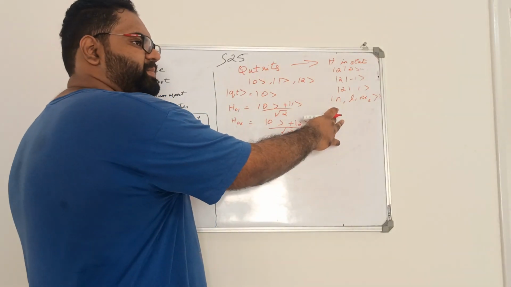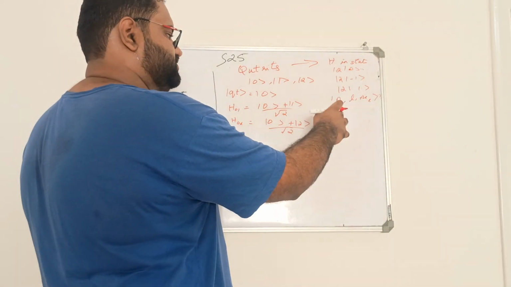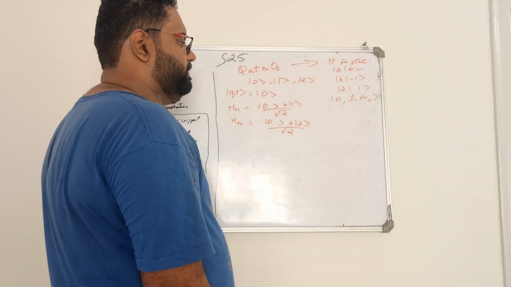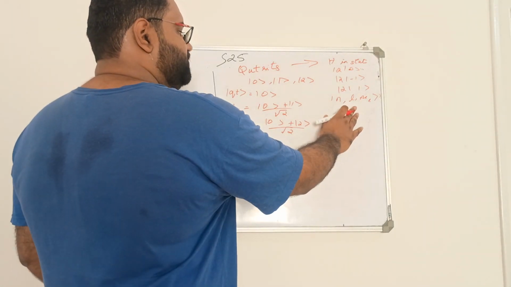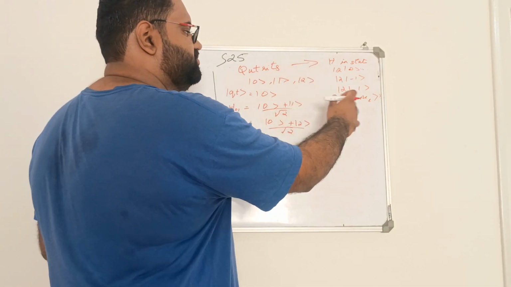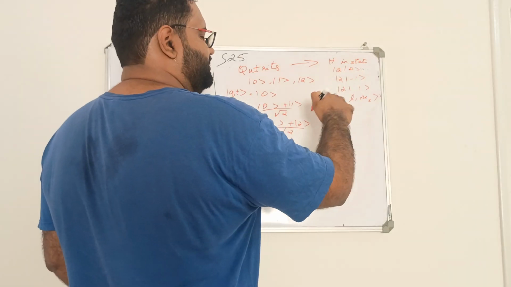N is the quantum of the energy, so what actually is the energy of the hydrogen atom. L is going to be the angular momentum in the quanta of angular momentum, so it can be 0, 1, up to n.